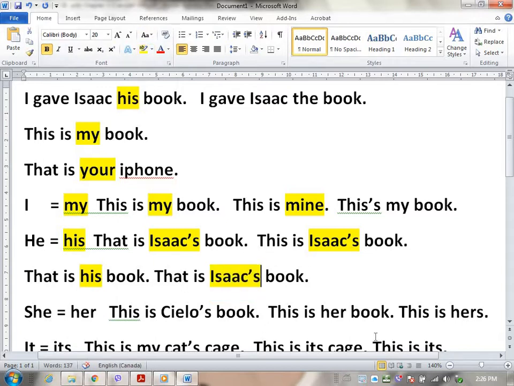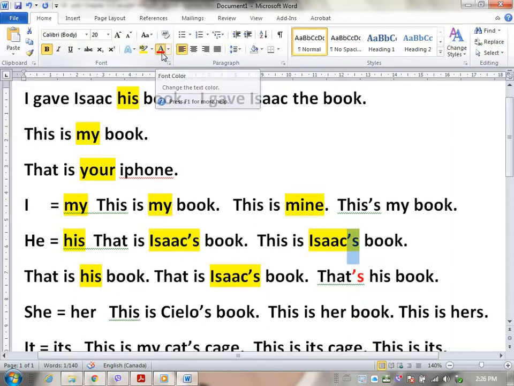Or sometimes we make it fast. We say, that's, you see? That's his book. This is, if you look here, this is different from this. If you look here, this is exactly this one when I make it short.